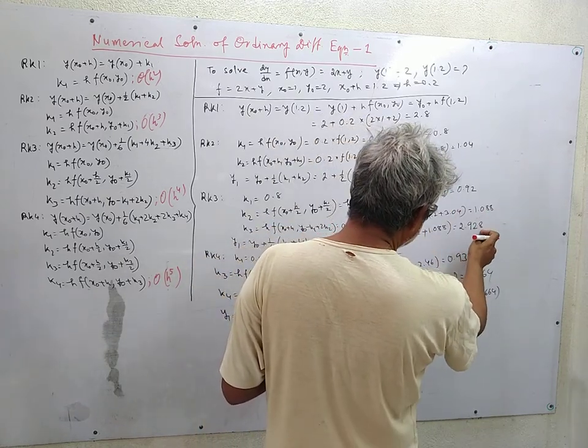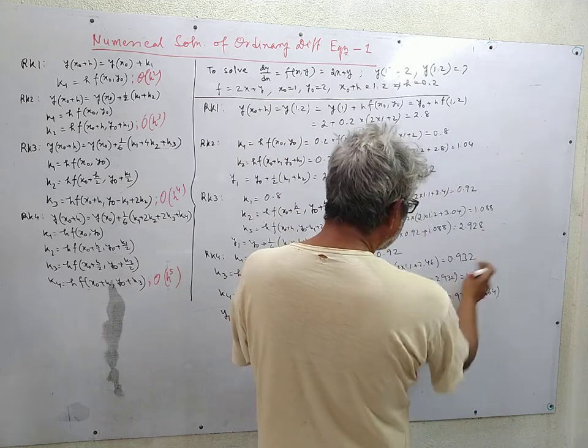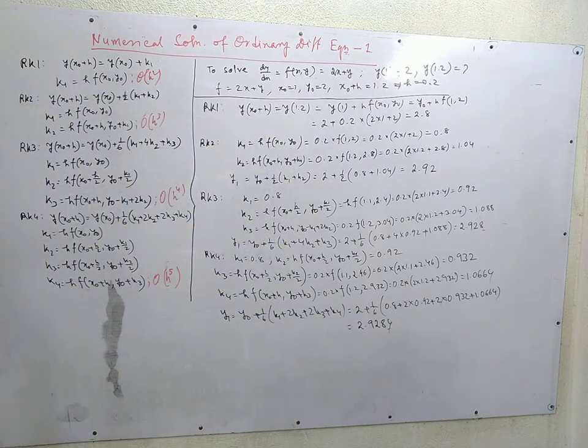The change occurs in the third place, and then the change occurs in the fourth place. So if we decrease the value of h considerably, then we could get a very accurate result by using RK4 method. That's why the Runge-Kutta method of fourth order is very popular.